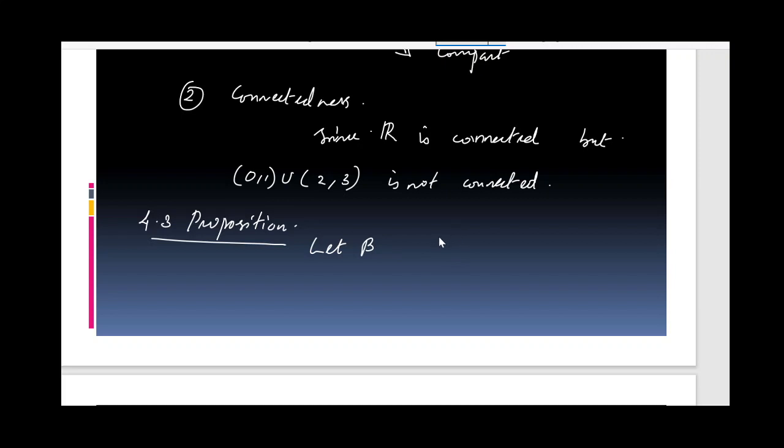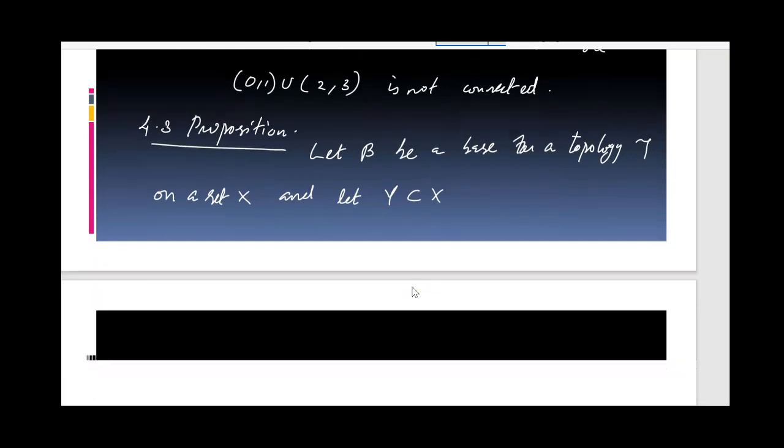Let script B be a base for a topology T on a set X, and let Y be a subset of X. Now we should have a topology there.